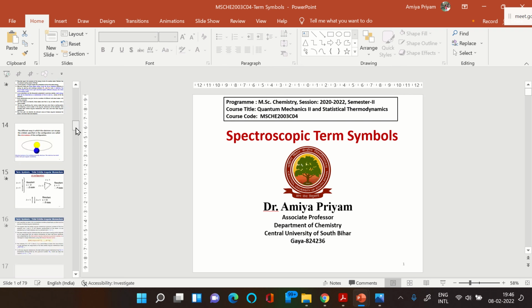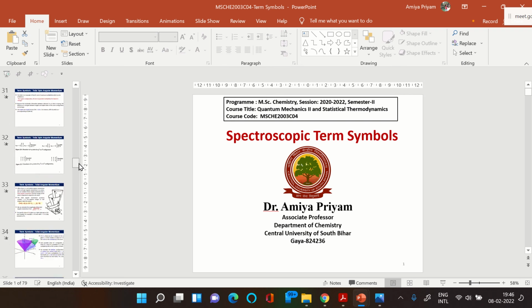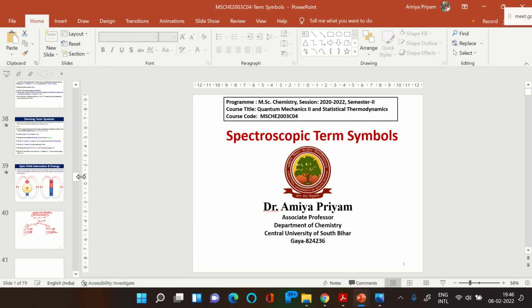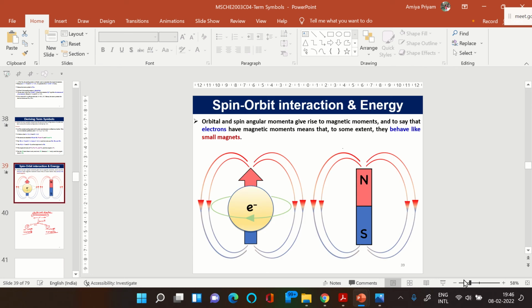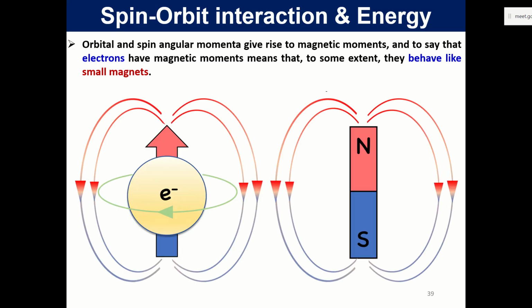So when I discussed these things, I probably told you, yes, this is what imagination, you have to stretch your imagination to this level. See, so this orbital motion, and if you think of orbital motion, also the spin is always associated with an electron, whether it is part of an atom or not. So spin will always be there, just like mass.